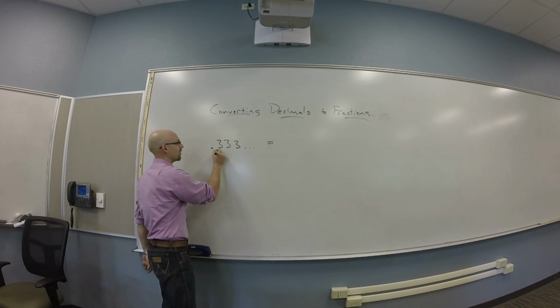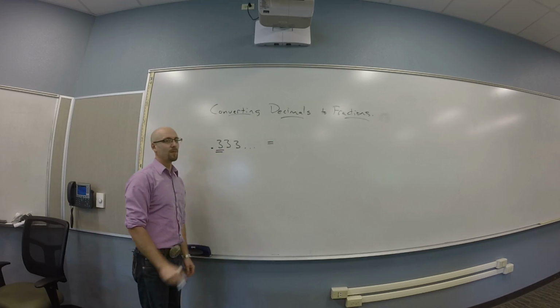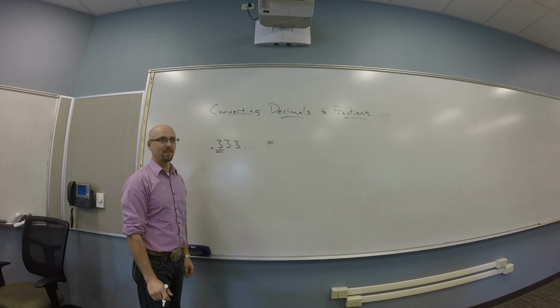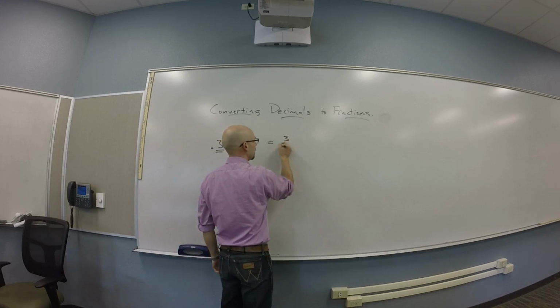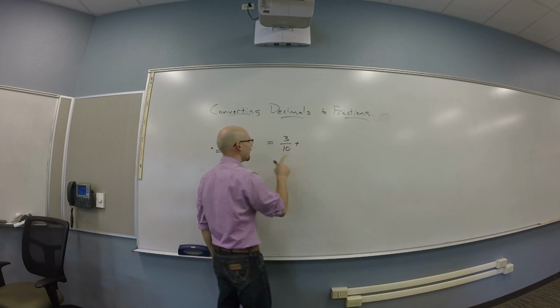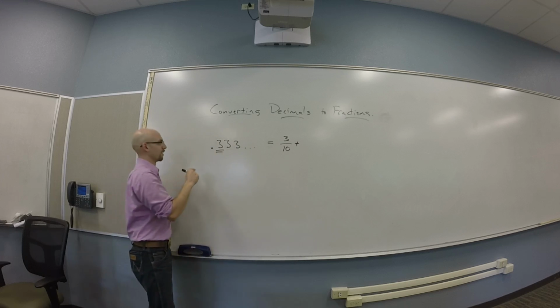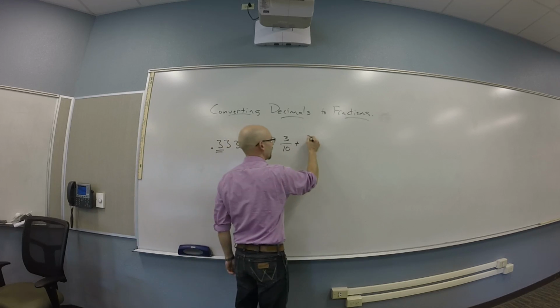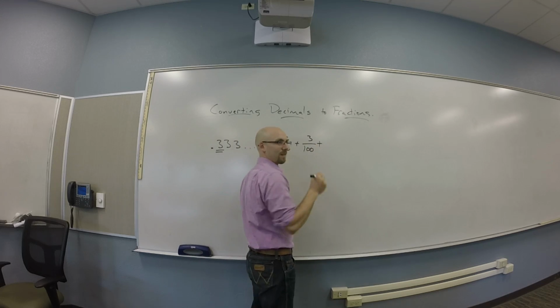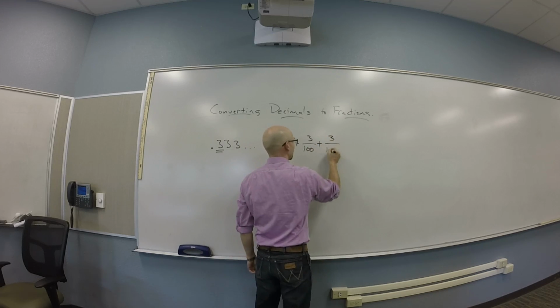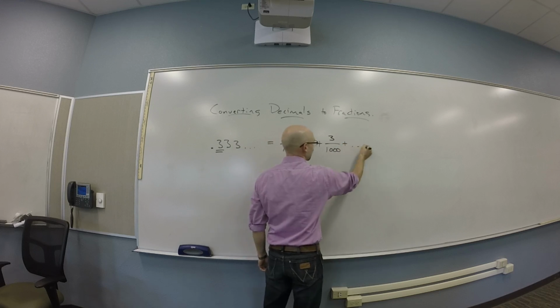Let me think about just this part here. What does the 0.3 mean? It's 3/10. And the next 3 means there's 3/100. And the next 3 means there's 3/1,000, and so on, right?